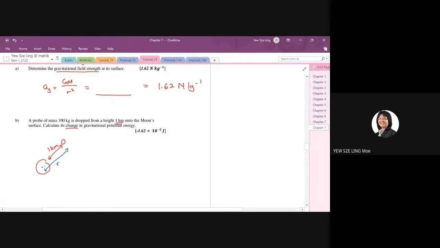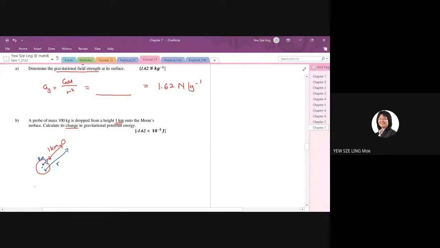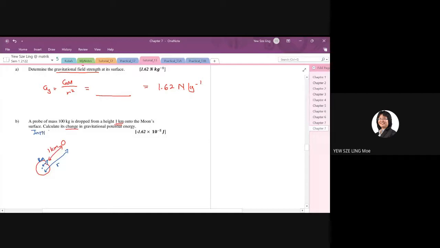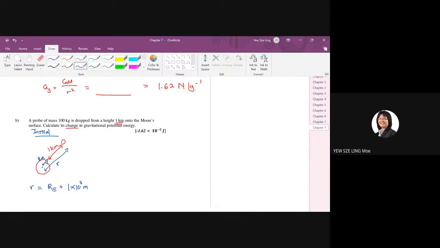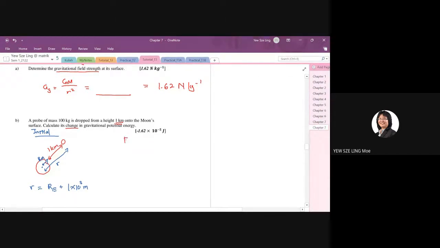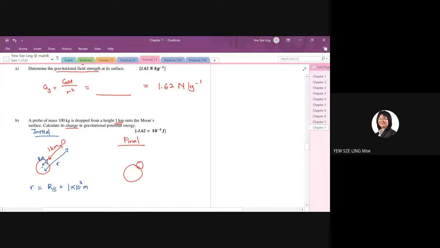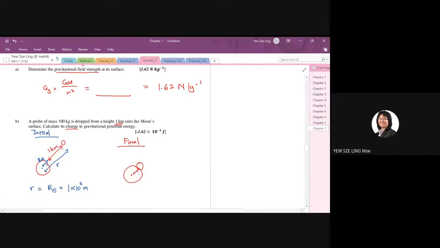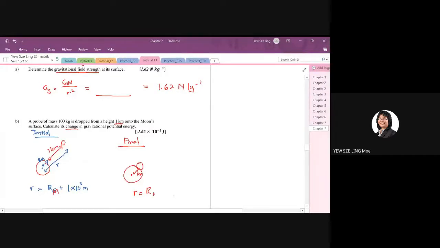So this is the R, and you need to take into consideration the radius of the moon. At the initial position, R equals R_m plus 1 km, which is 1 times 10 to the power of 3 meters. At the final state, it drops onto the surface, so R is simply equal to the radius of the moon, R equals R_m.